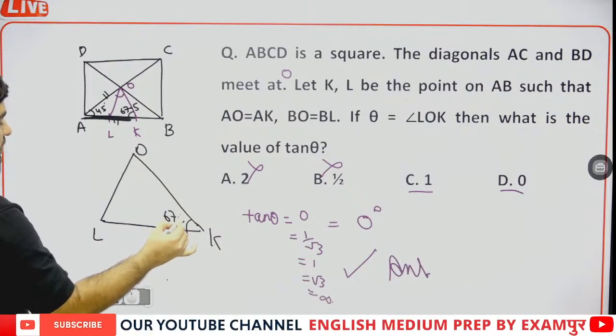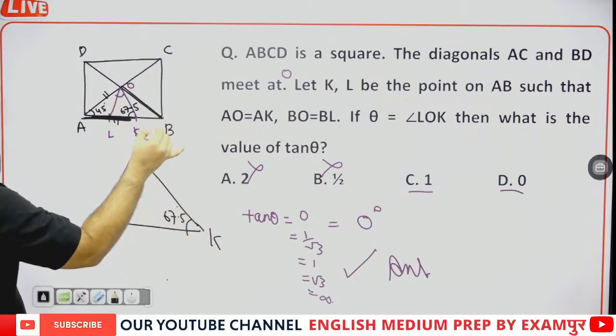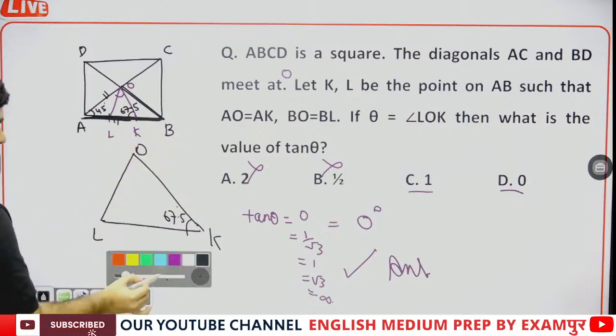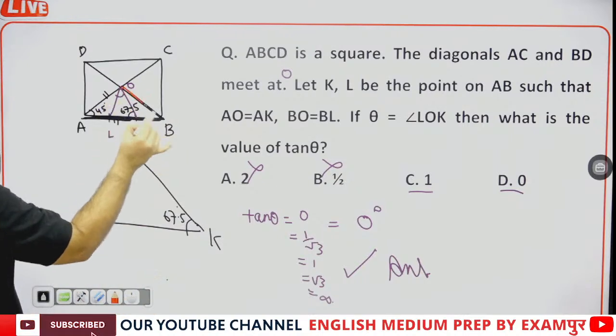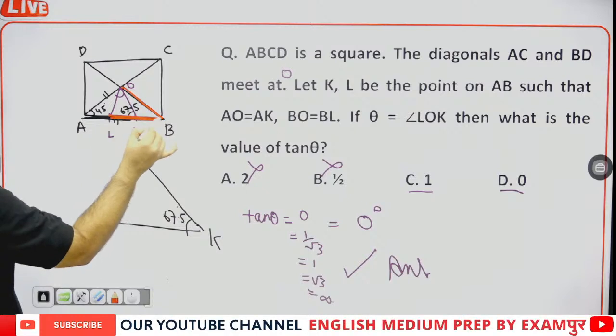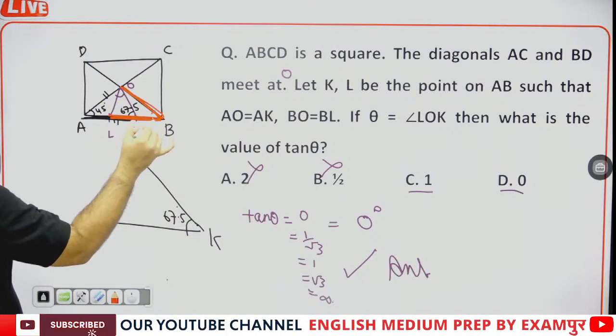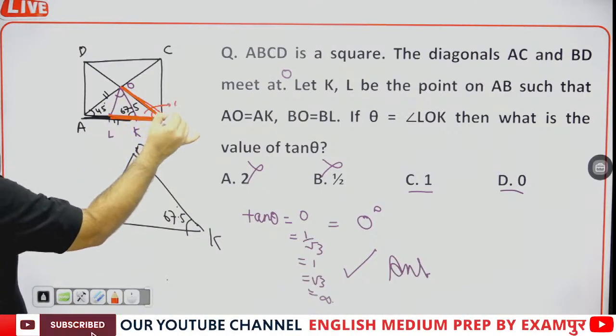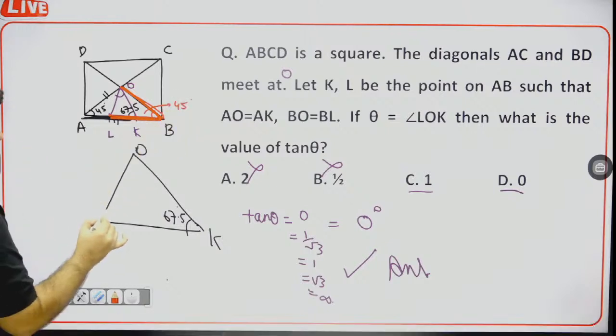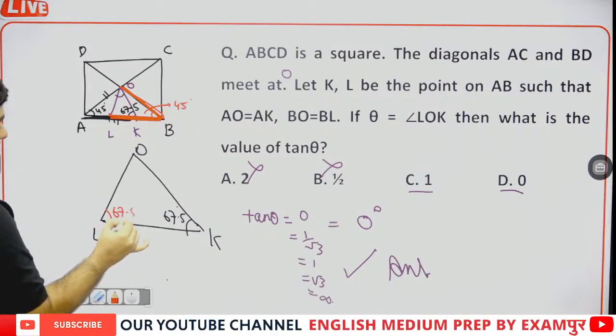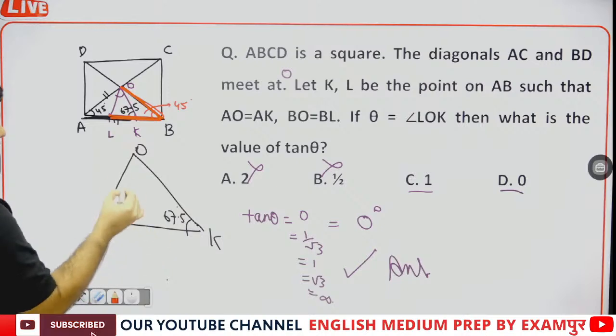67.5. Here also this side is equal to this side. This is 45. Other two, 135 divided by 2, 67.5. 135, log comes out to be 45.